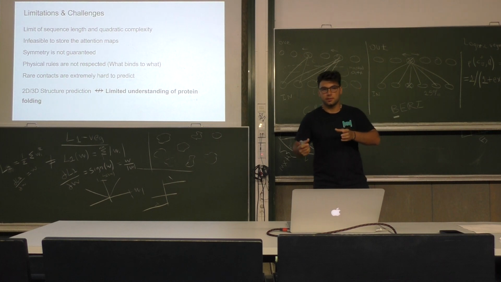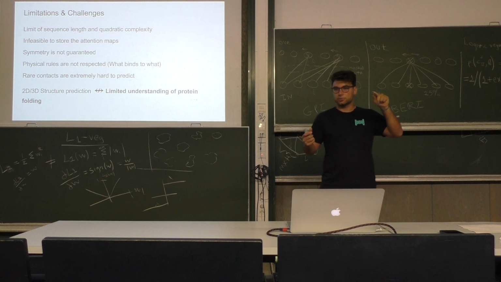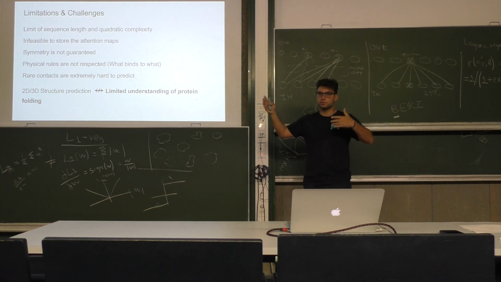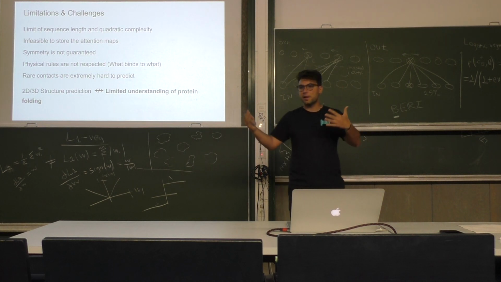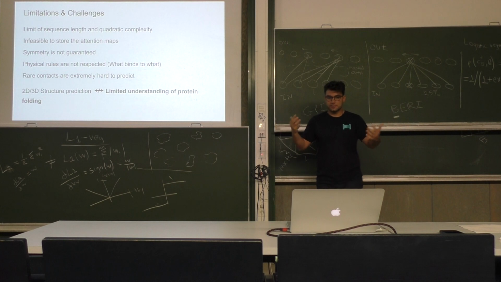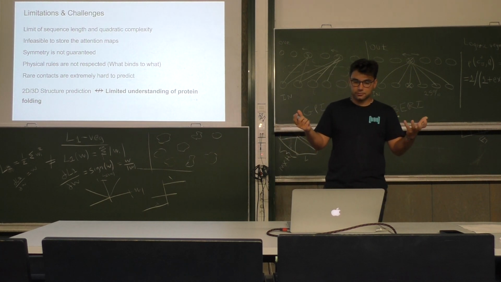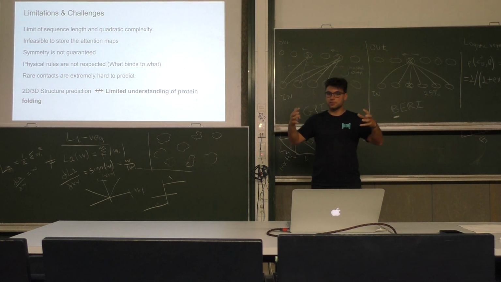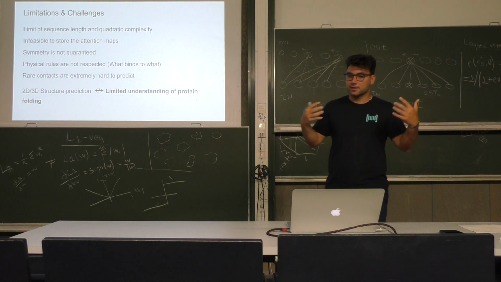For example, the base adenine, called A, binds, I don't remember exactly, but only to U and not, for example, Z. This rule-based, physics-informed information is not guaranteed from the model. So there might be future methods that take that into account.